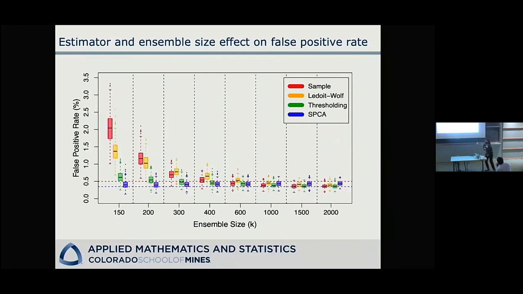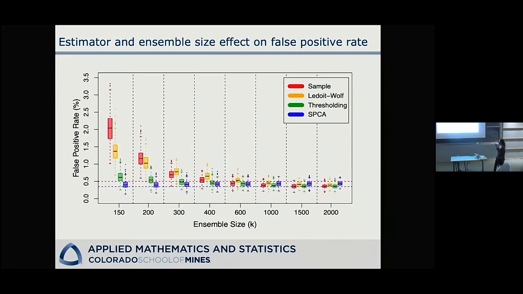And this will be my last slide. You can see how they actually behave in terms of false positive rate. That blue line is the theoretical false positive rate at 0.34, and the red one is somewhat what people asked us to do, the 0.5.